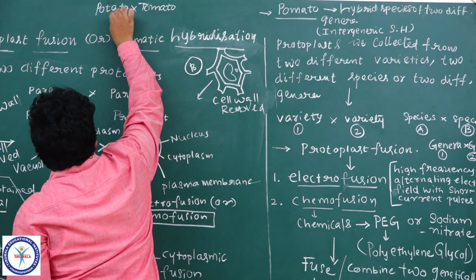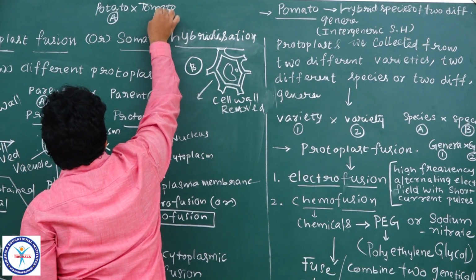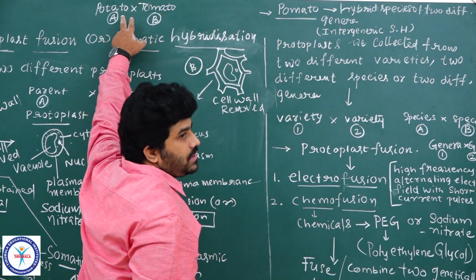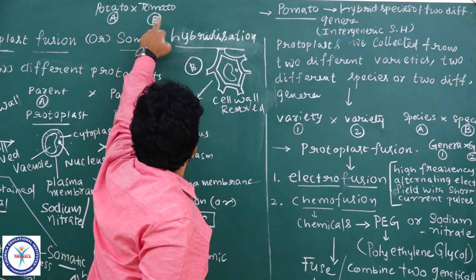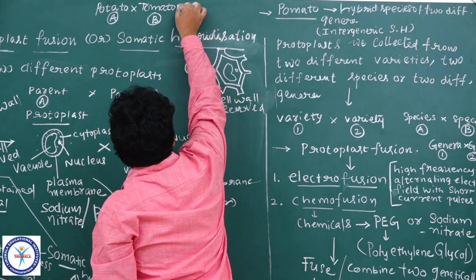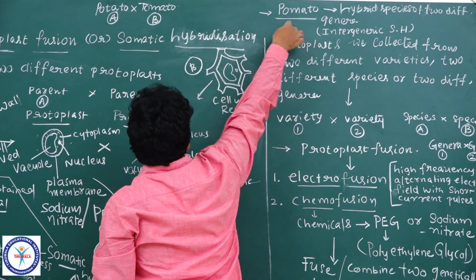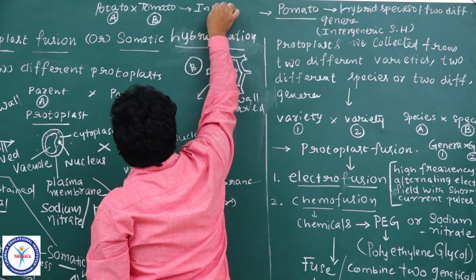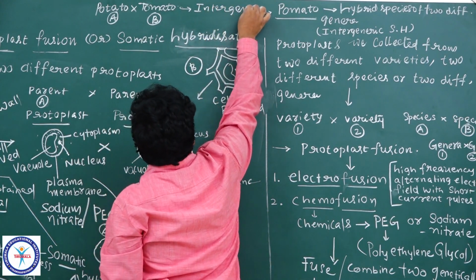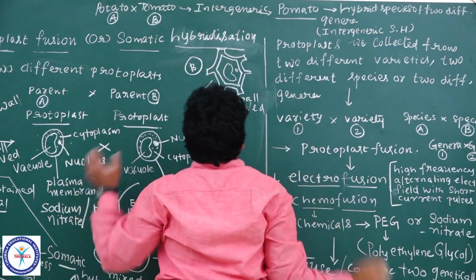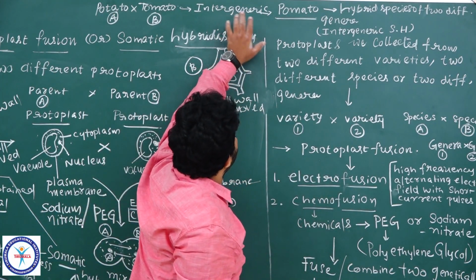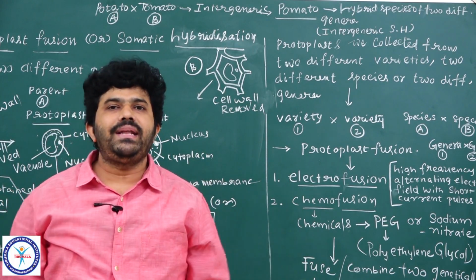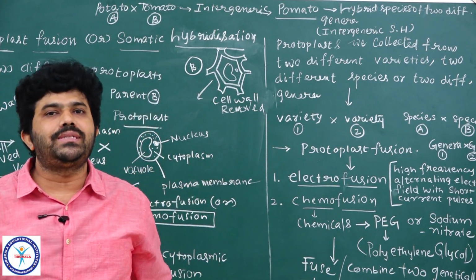Parent A, parent B. They collected two genetically diverse protoplasts from two different genera and did somatic hybridization to produce pomato through intergeneric somatic hybridization.